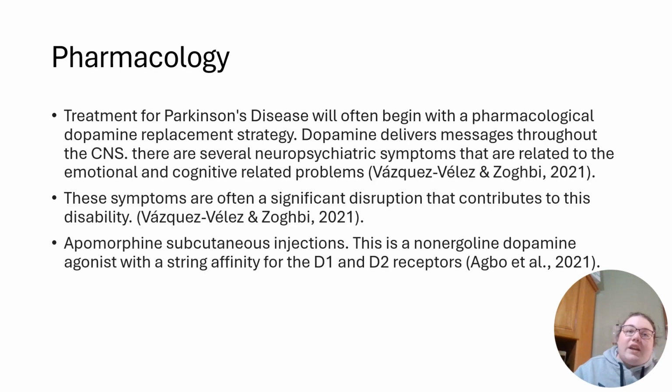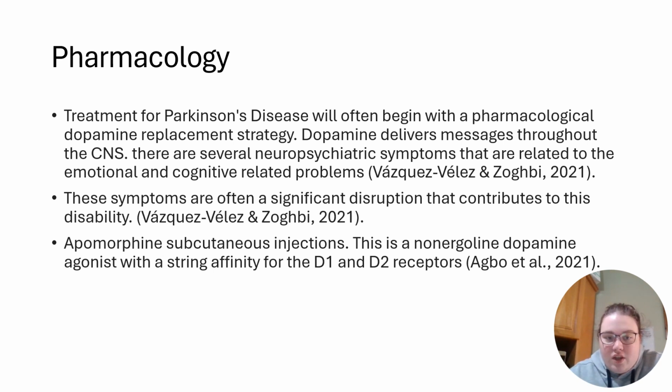To treat Parkinson's disease, because unfortunately there is no cure, there are lots of different treatments and different medications that are used. However, for our patient today, Emma, she has a type of Parkinson's that requires a certain medication.